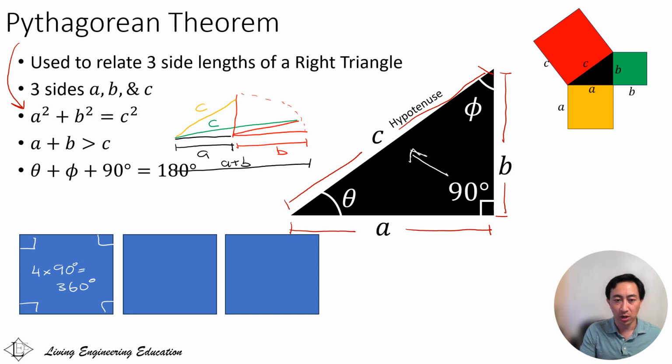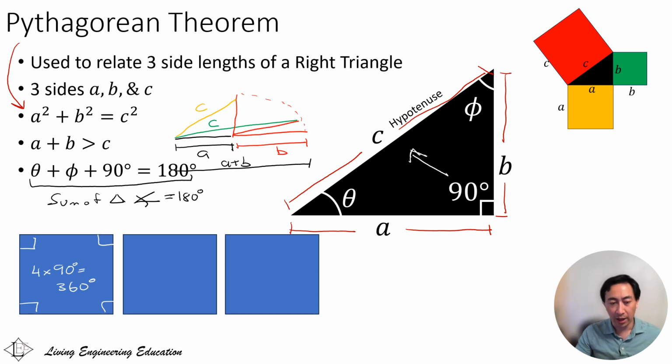Sometimes we try to talk about the 3 angles. So the sum of a triangle's angles, and this is a symbol for angles, is equal to 180 degrees. That's another way of saying what we say up here. Okay, so I know that the sum of all 4 angles of a square is 360 degrees.